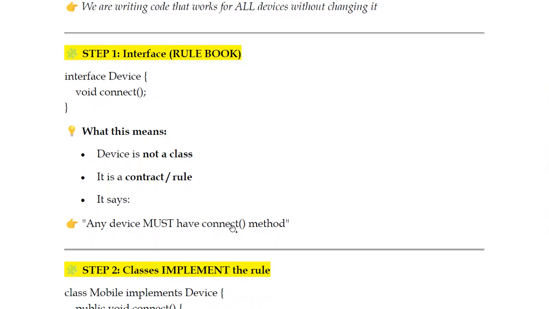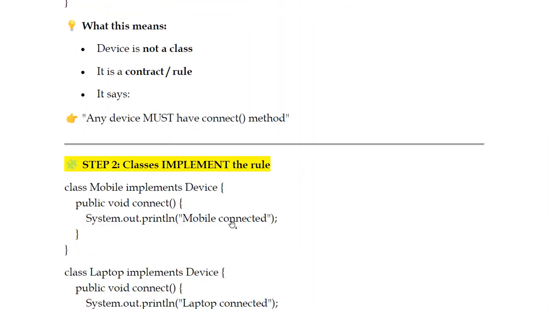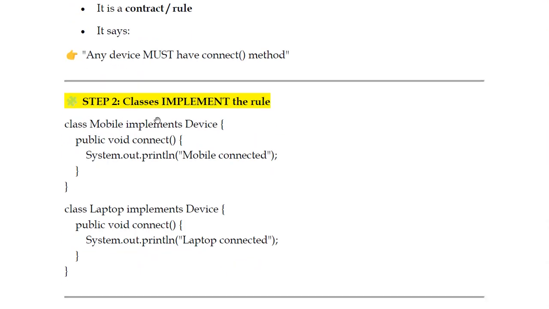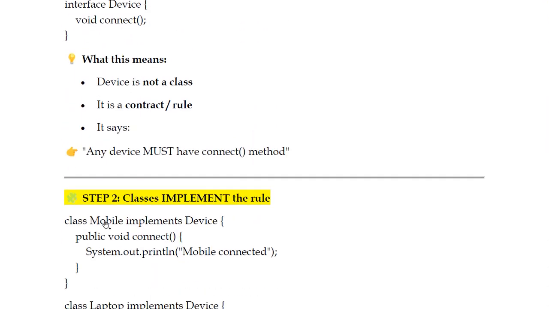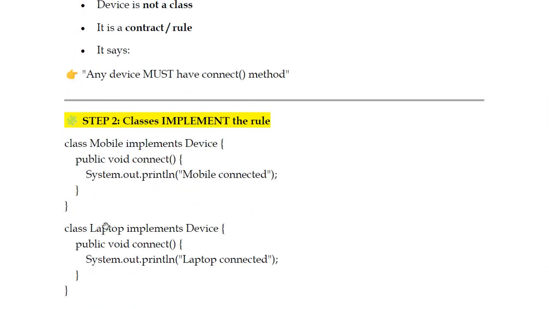Whatever the device is coming, laptop, desktop or a tablet, you should follow the same function name connect. It should implement that rule. All these classes should implement the rule, what this interface is telling them to do. Now the problem is completely vanished. Am I right? In the previous code, if a new device like a tablet was coming, we were writing more lines of code.